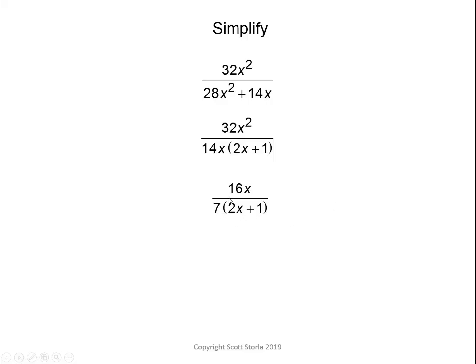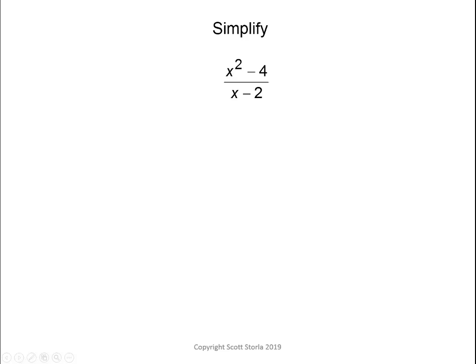Sometimes students want to distribute here, but please don't. If you leave it in factored form, then when I look at it, I can see immediately that there's nothing left to reduce. If it was a 14x plus 7, I'd have to spend a little bit of time trying to figure out whether I could or couldn't reduce if I factored.